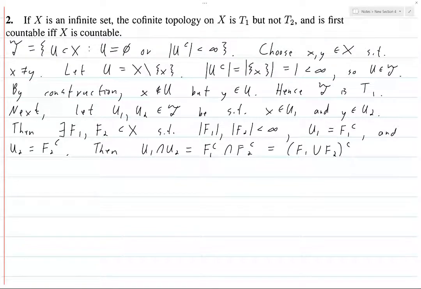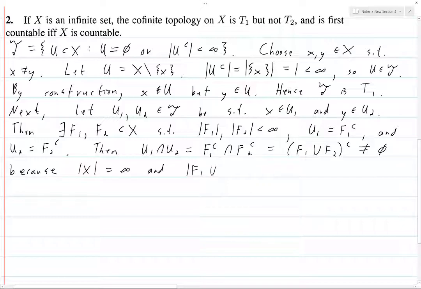Okay, so if we look at the complement of F1 union F2, this is not empty. And why is it not empty? It's because the size of X is infinite, and the size of F1 union F2 can't be bigger than the size of F1 plus the size of F2, which is finite, because F1 and F2 are both finite.